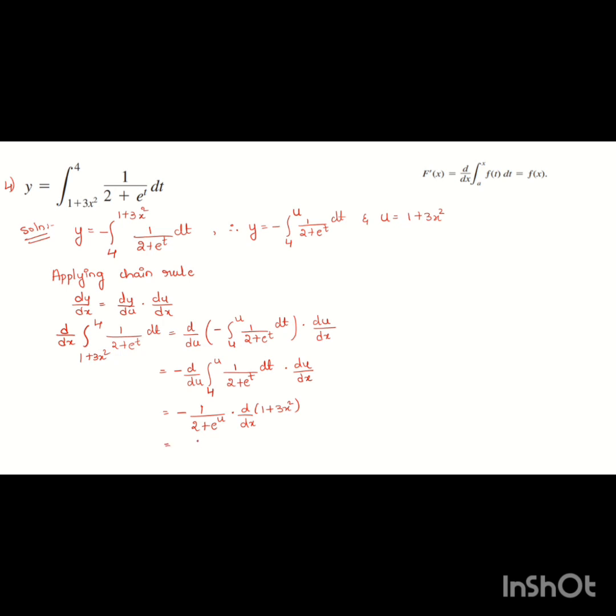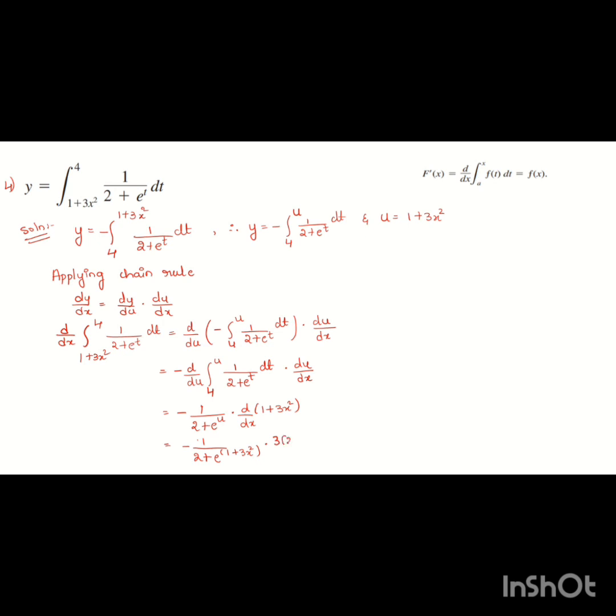Now substituting the value of u, 2 plus e power u, we have considered u as 1 plus 3x square, times the differentiation of 1 plus 3x square. Differentiation of 1 will be 0. Since 3 is a constant, keep it as it is.